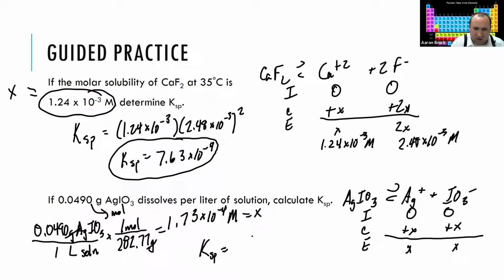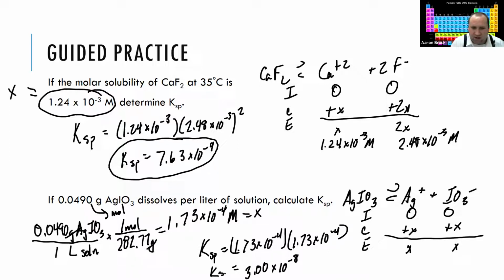So KSP would be equal to 1.73 times 10 to the negative 4th multiplied by 1.73 times 10 to the negative 4th, which would give us a value of 3.00 times 10 to the negative 8th as the KSP value for the silver iodate.